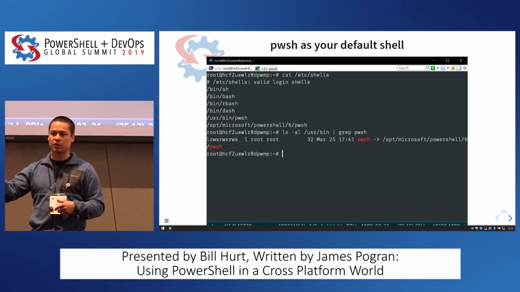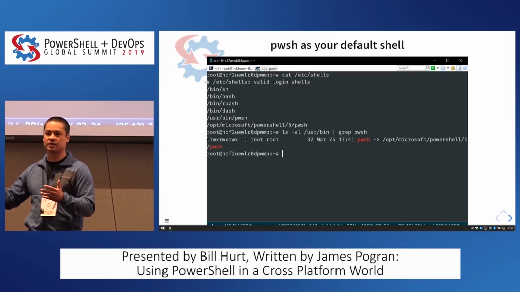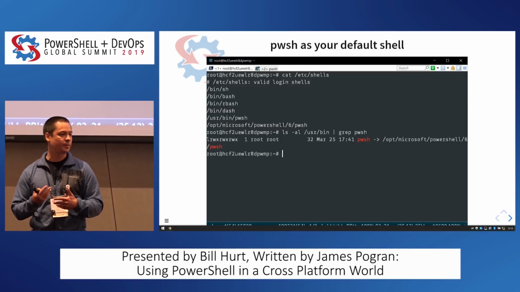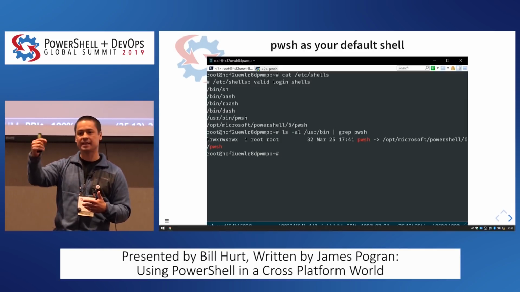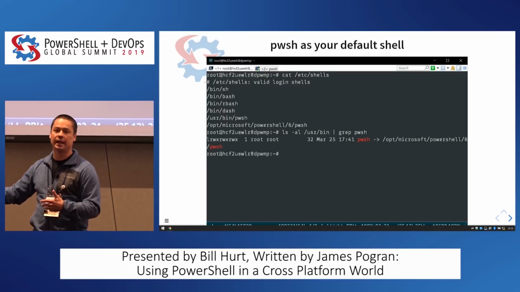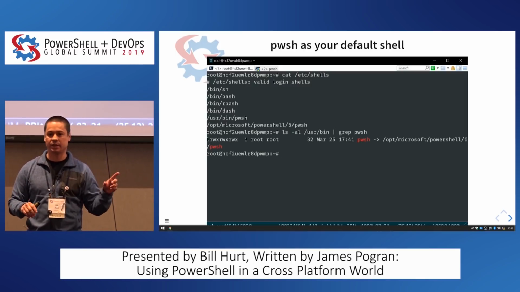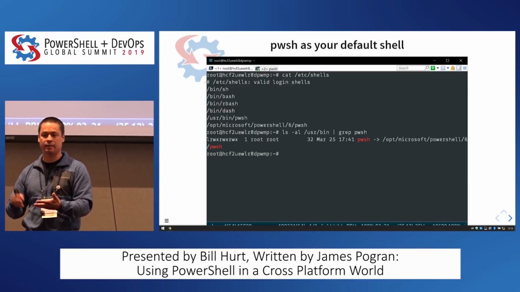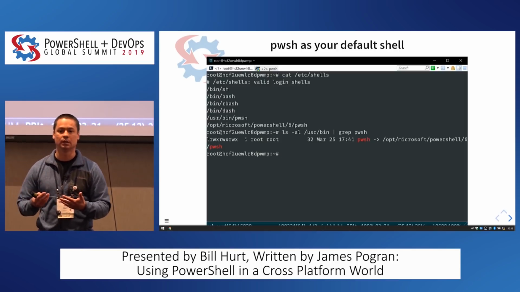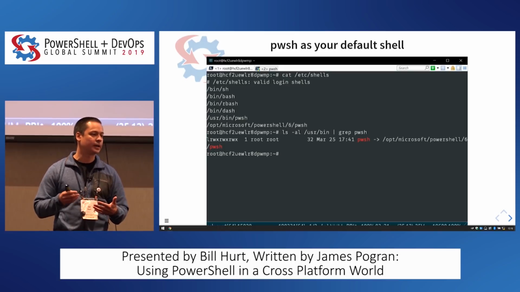Then as the machine's life cycle goes on and we do system updates, maybe updates to the PowerShell version, the symlink will get updated to the new version. Everybody that has their default shells pointed at the symlink, their shells are still going to be OK. They're going to get the new version by default. So that's what that's there for.